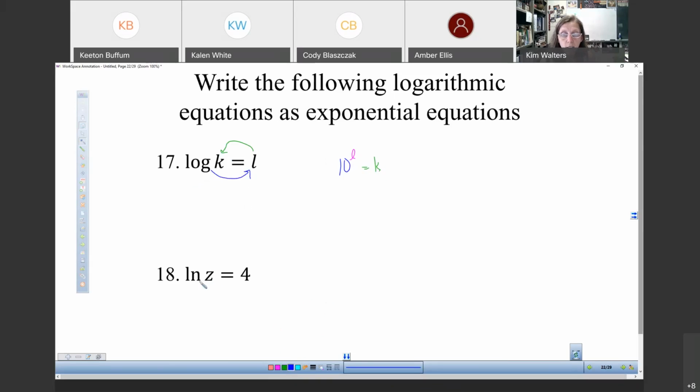Understood power here, e to the fourth power. So e to the power of 4 equals z. Right? So we're just rewriting these, all kinds of stuff. Questions?